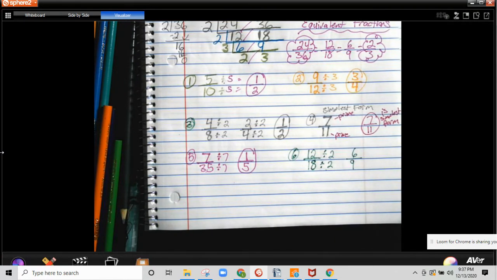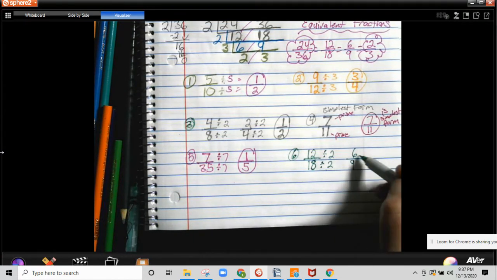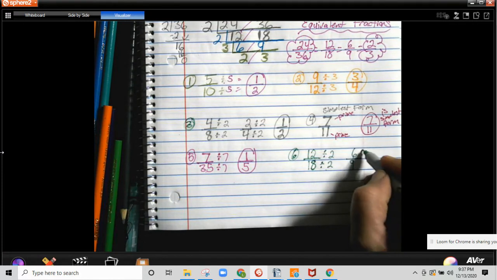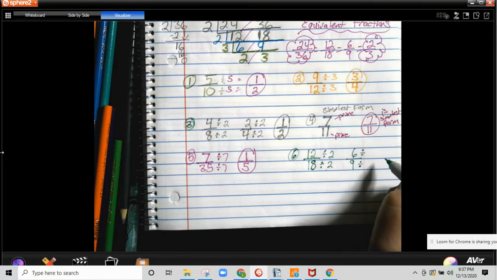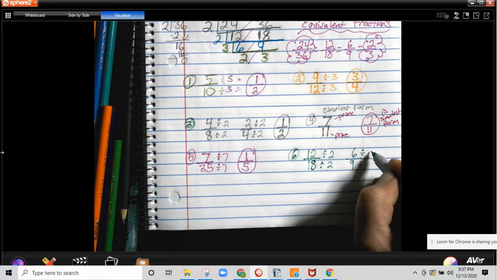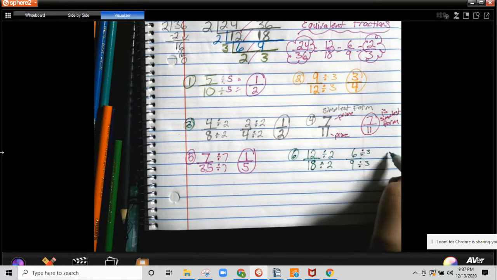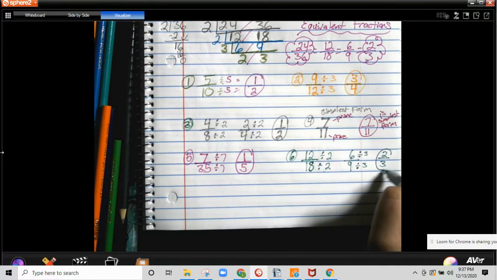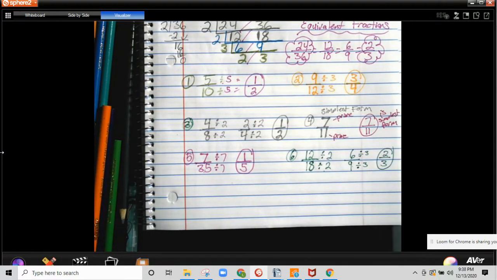All right, cool. Well, 6 and 9, are they prime? No, they're not. They're composite. I can keep going. What number goes into both 6 and 9? 3. 6 divided by 3, 2. 9 divided by 3, 3. My answer, 2/3. Pretty cool.